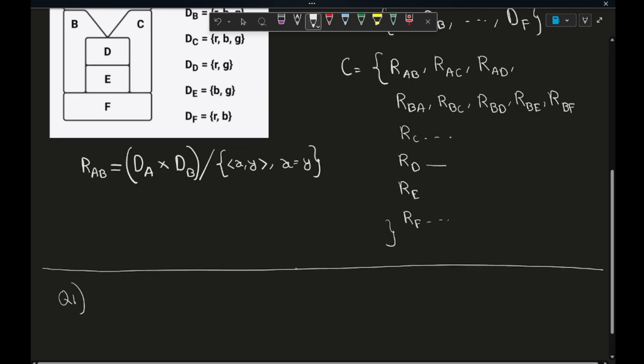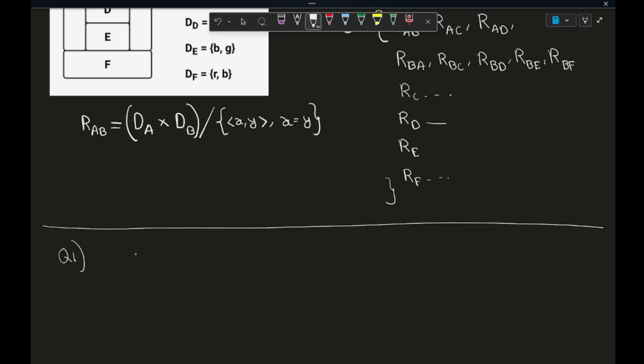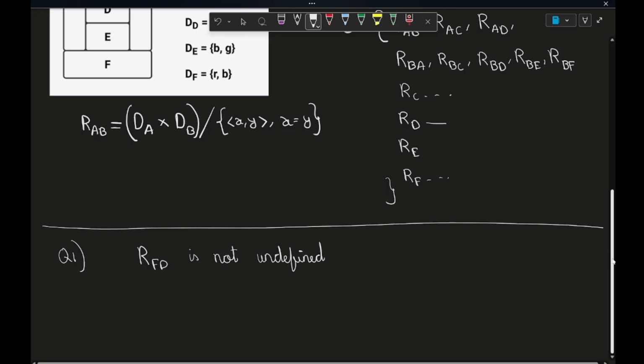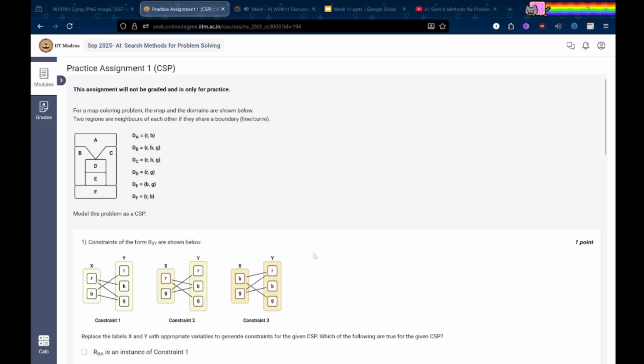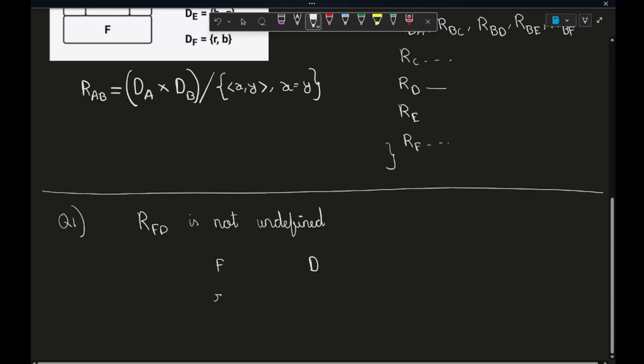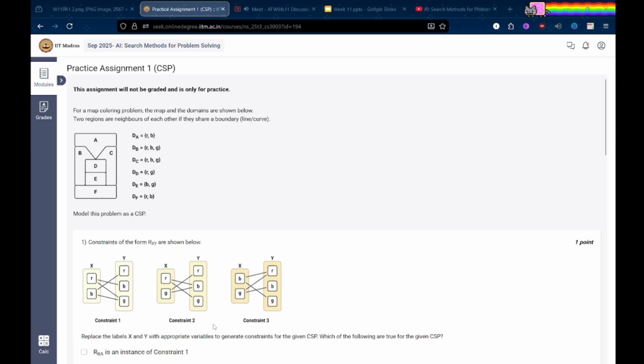Question 1, RFD is undefined, is not undefined. This is my understanding. Please do say if I am wrong. I can be wrong. But these are the domains of F and D. F has R and B, right?